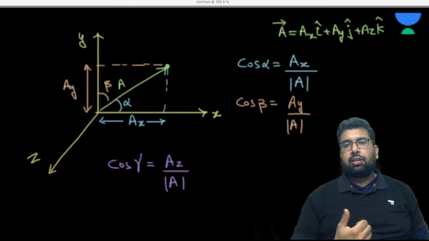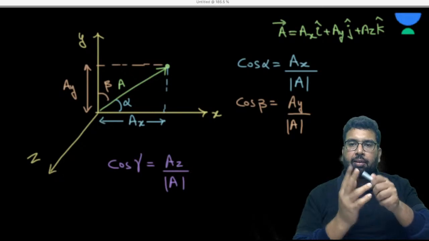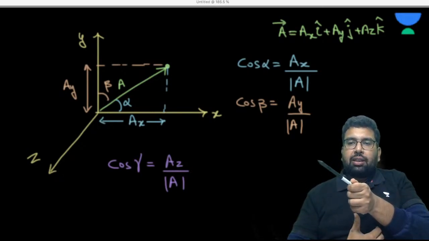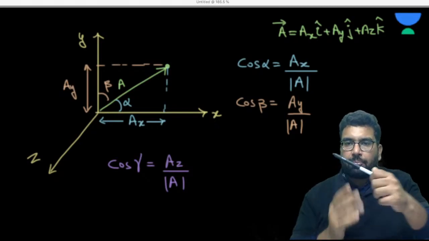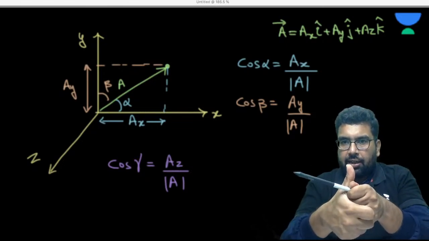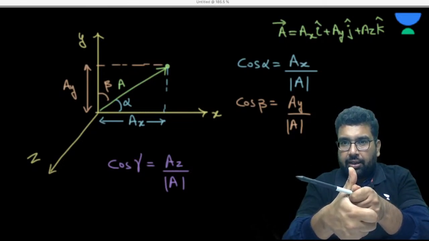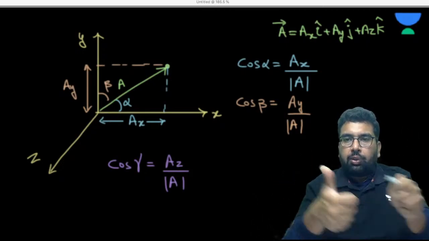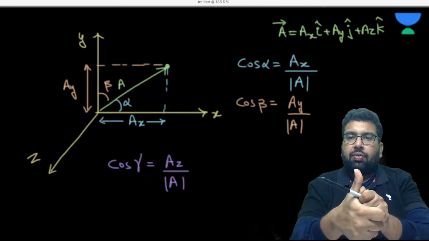Now see a vector. This pen, let's suppose, is a vector. I have just placed it at some incline like this, and now this is your z-axis. Use your thumb as the z-axis and this vector.